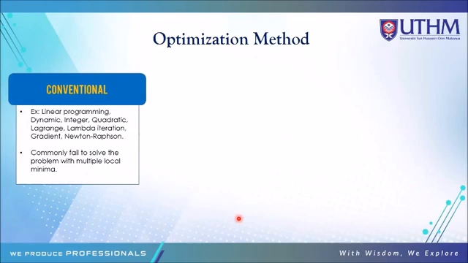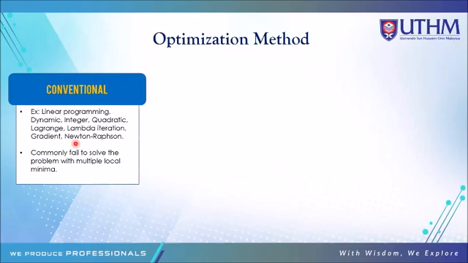Basically, we have the conventional methods. This is a very common method that every engineering or computer science student is familiar with. For example, we have linear programming, dynamic programming, quadratic programming, lambda iteration, gradient method, Newton-Raphson, and so on. These conventional algorithms basically depend on derivatives, using a mathematical approach to optimize the system.